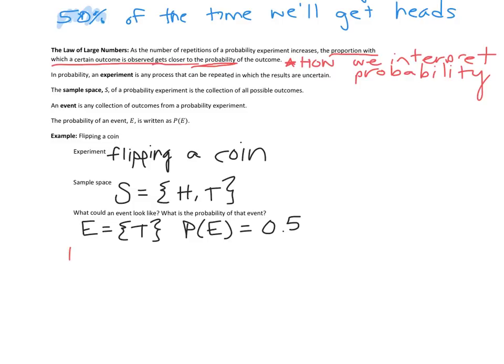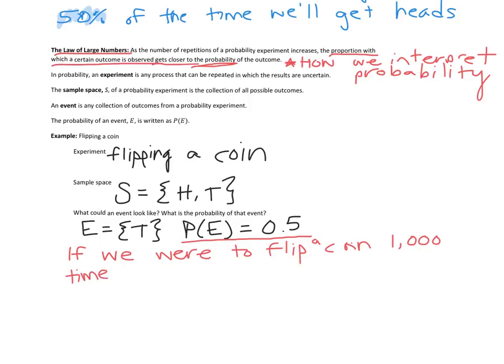All right, and then bonus round, it wasn't asked, but we are going to have to start interpreting these numbers. So we interpret probabilities using the law of large numbers up here at the top. So we could say if we were to repeat this experiment several times, maybe like 1,000, if we were to flip a coin 1,000 times, we would expect about, again, 50%.